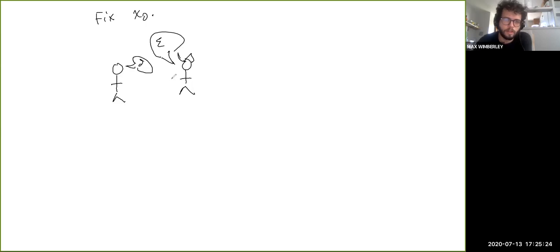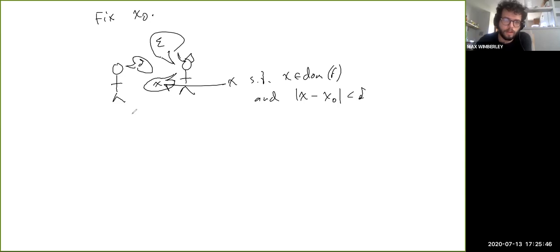And then he'd say, okay, here's x, a point x such that x is in the domain of f and |x minus x naught| is less than delta. And then the question is whether |f of x minus f of x naught| is less than epsilon, right?